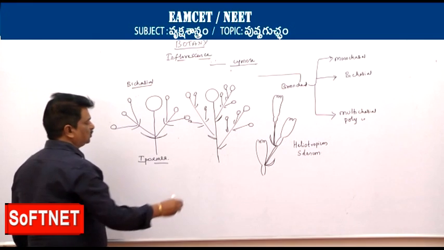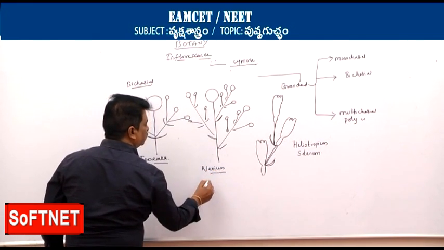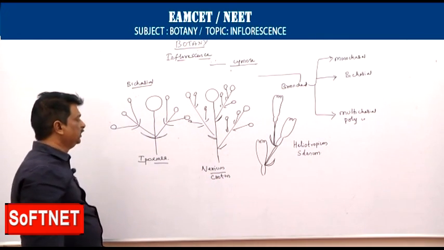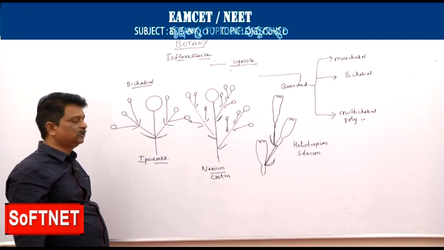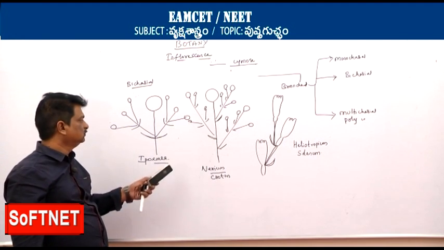This is polychasial. Example for polychasial: Nerium and even Croton. Nerium is a xerophyte, and it shows circular or whorled phyllotaxy.